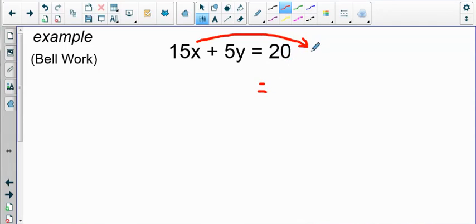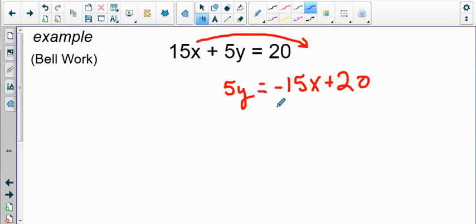So I could put 20 minus 15x, but since I'm going to y equals mx plus b, I want the something x first. So I'm going to put the negative 15x here, and then I'm going to put my plus 20. That leaves the 5y by itself over here. So all I've done at this point is take the 15x and move it to the other side. I've subtracted 15x from both sides.